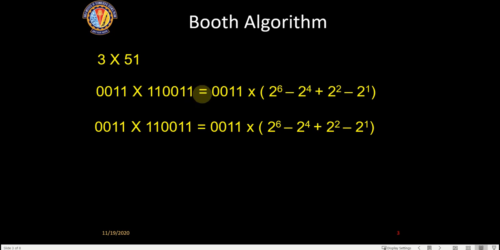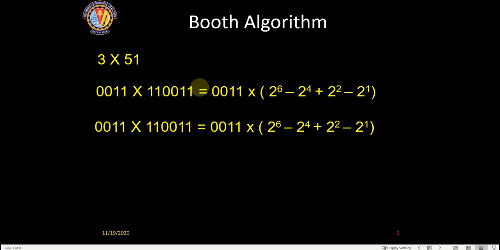Also when we are moving from 1 to 1, we are not doing anything. So 2 to the power of 5 is not available. Similarly from 0 to 0, you don't do anything. 0 to 1, you add 2 to the power of 2, and 1 to 1 you don't do anything, and the last bit is a 0 here.